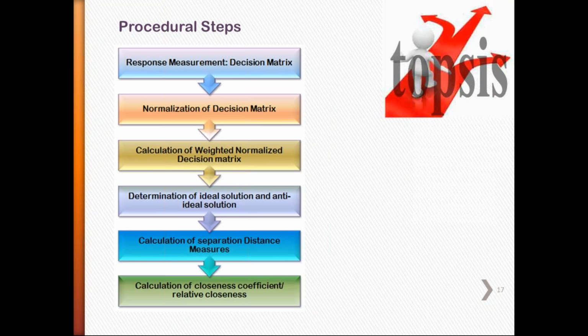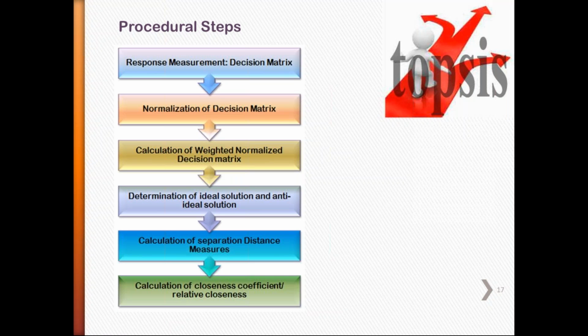Then from the entries of the normalized decision making matrix, you have to determine two hypothetical solutions or alternatives, which are called the ideal solution and the anti-ideal solution. Now, with the ideal solution and the anti-ideal solution, two standards of comparison are fixed. We have some available candidate alternatives.